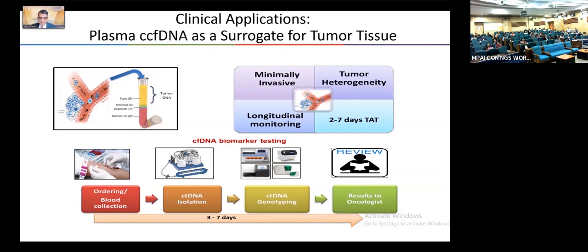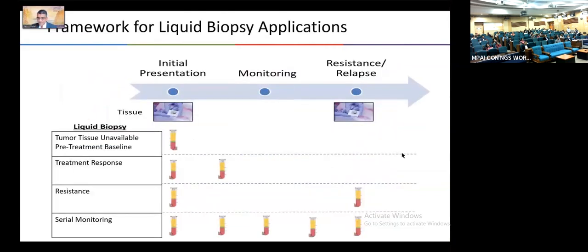So liquid biopsy, where we are able to look at the circulating cell-free DNA for tumor-derived mutation, really provided a very useful avenue, and we did spend quite a bit of effort on developing digital PCR assays, and then followed by the NGS based approach for liquid biopsy for solid tumors.